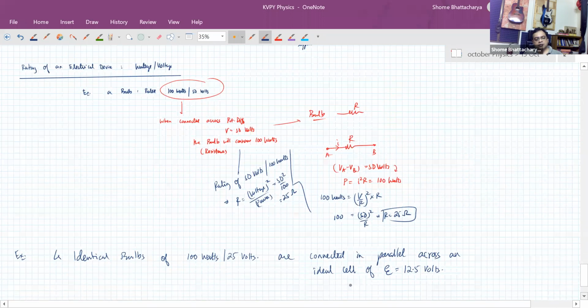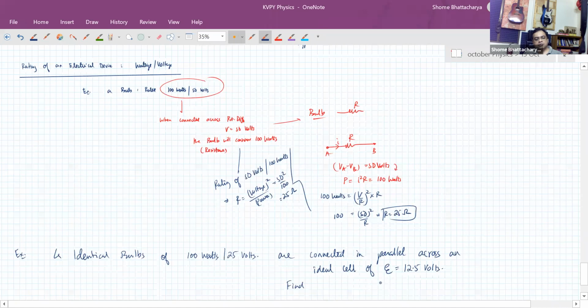Find the power consumed by each and the power supplied by the cell.